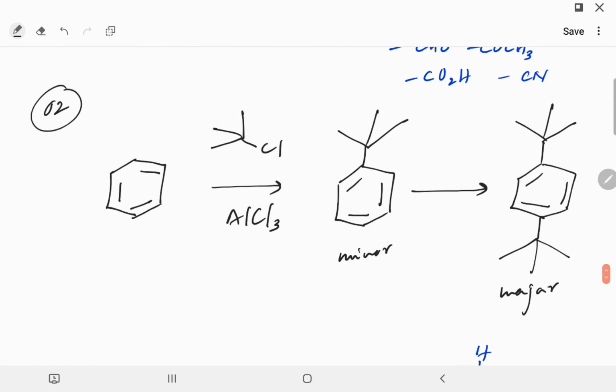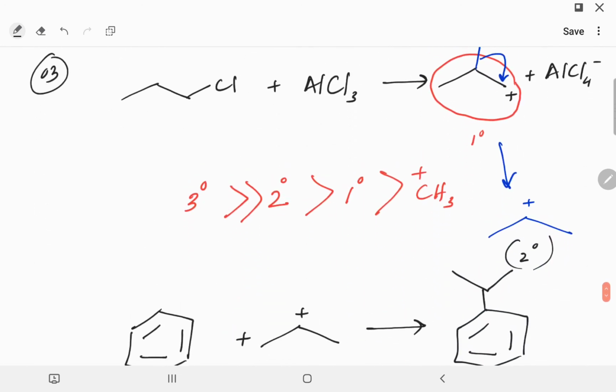Secondly, alkyl groups are activators of benzene rings. So when one alkyl group is already attached to the benzene ring, it can have a positive impact on further substitutions, so you can get poly-substituted benzenes. And the third limitation is the most important one.